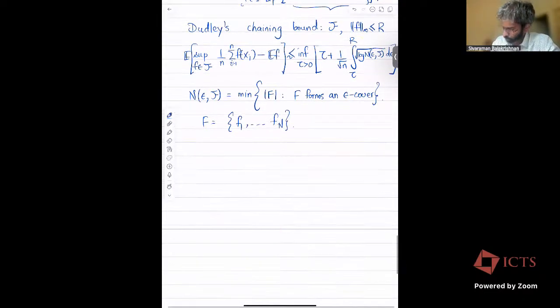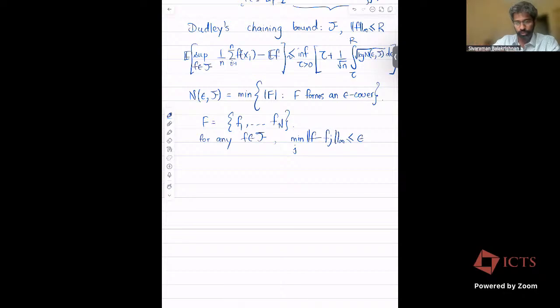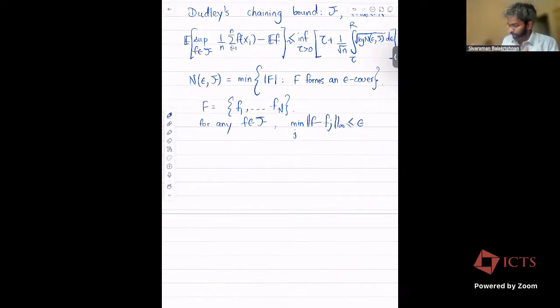Then what does it mean to form an epsilon cover? It just means that for any function in my class, the min over j of the distance between f and fj, say in the L infinity norm, is at most epsilon. So for any function in my class, I can find an element of my cover that's within epsilon in the L infinity distance. The minimum cardinality of such a cover is the covering number.